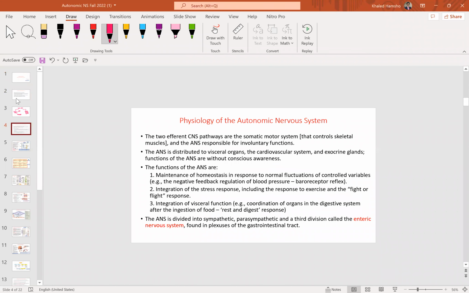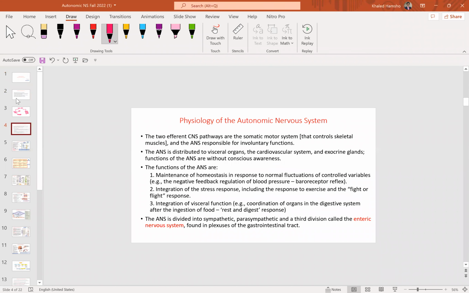This is just a general introduction. Functions are homeostasis. We've covered all this. Basically, it's just a balance in the body. I'll tell you about the mistake in the slide. This is just the division over here. We mentioned all acetylcholine, all acetylcholine norepinephrine.